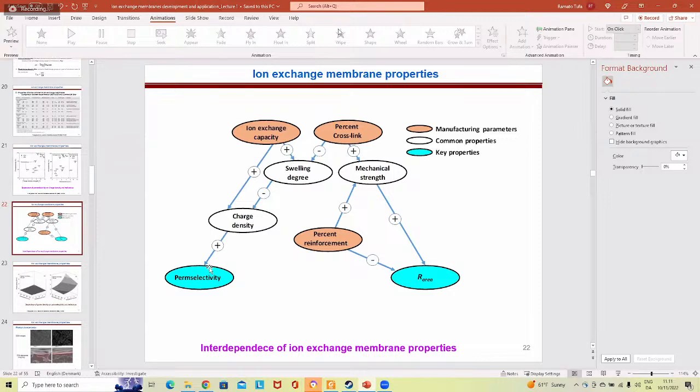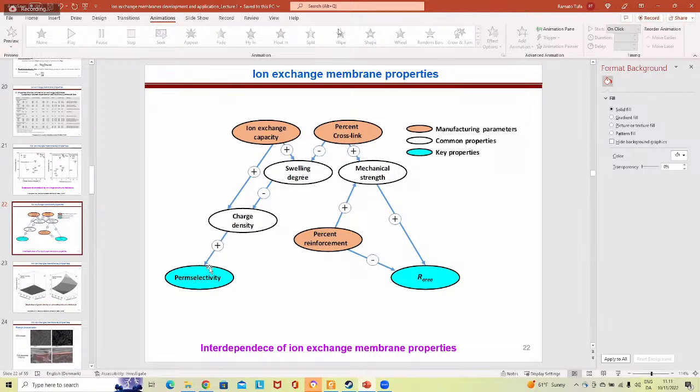The critical parameter, I would say, is the amount of ion exchange functional groups you have in your membrane. But the ion exchange capacity should not be too high either. If you do that, it will swell too much and then dissolve in the solution.